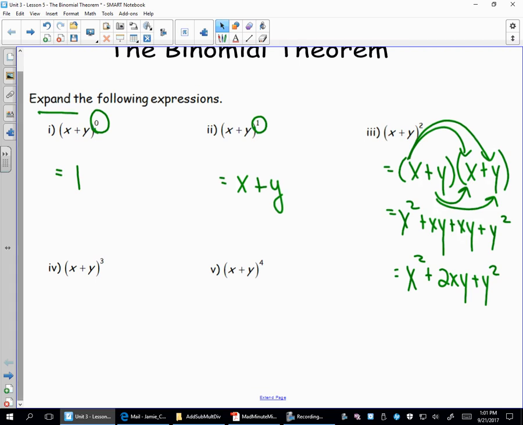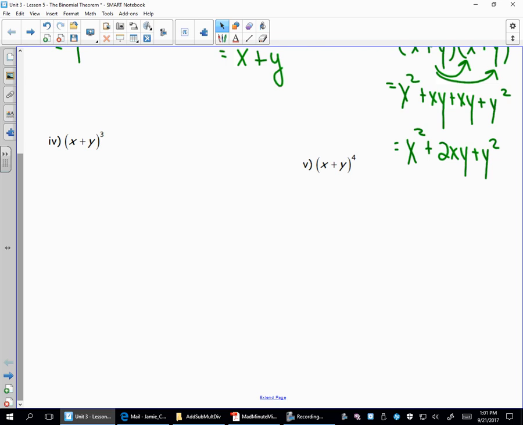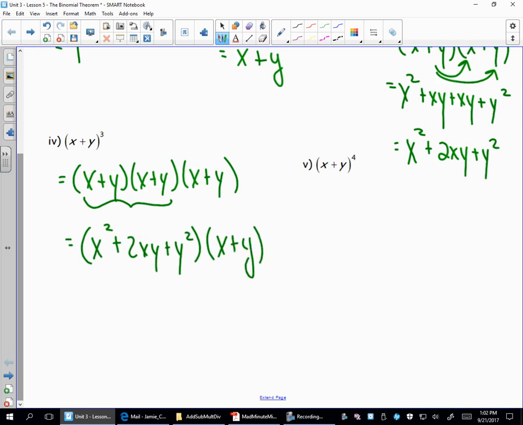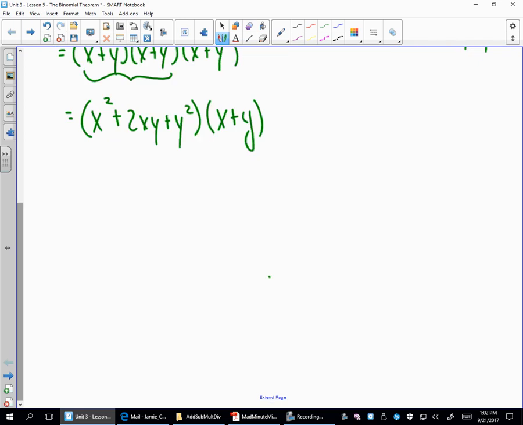Let's take a look at the fourth one here. Just move these out of the way. The fourth one here, I have x plus y cubed, which means x plus y times x plus y times x plus y. Now, we know what the first two come out to. We've already done that. It comes out to x squared plus 2xy plus y squared. Well, if I want to multiply that by the third bracket, I can do the idea of FOIL. That is, we're going to multiply everything in the first bracket by everything in the second.